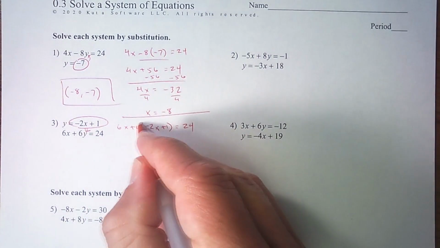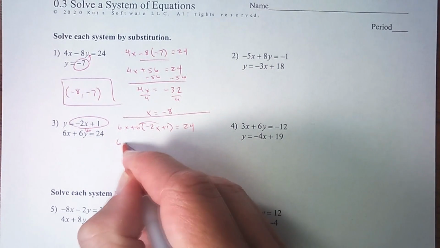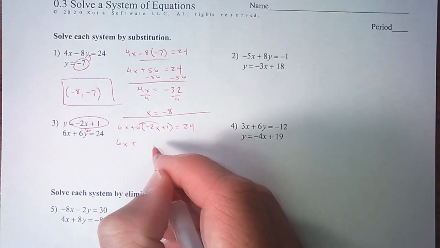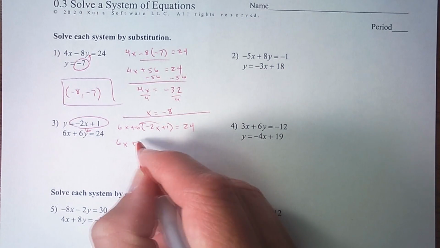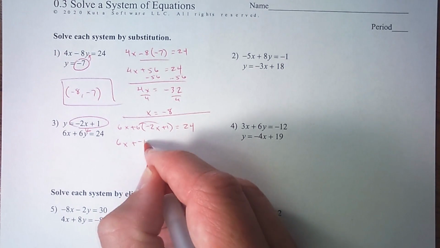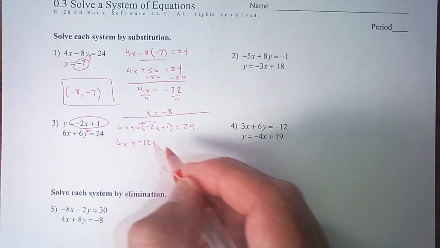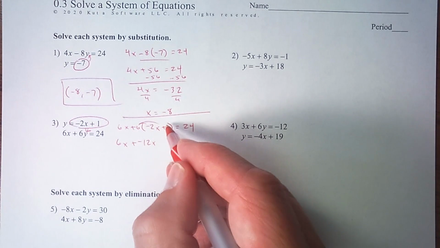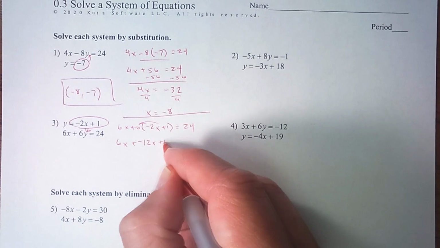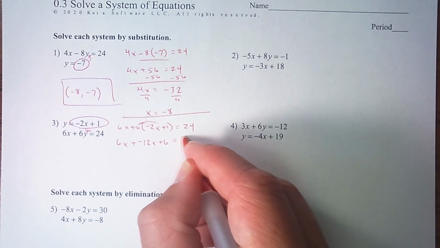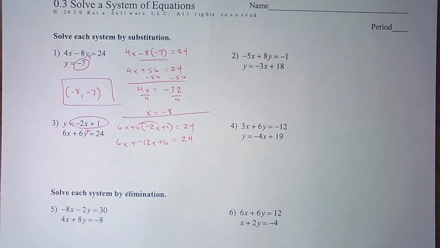Okay, now I'll distribute this 6. 6x plus 6 times negative 2x is negative 12x, so I'll do plus negative 12x, which could just be minus 12x. 6 times 1 is 6, equals 24.